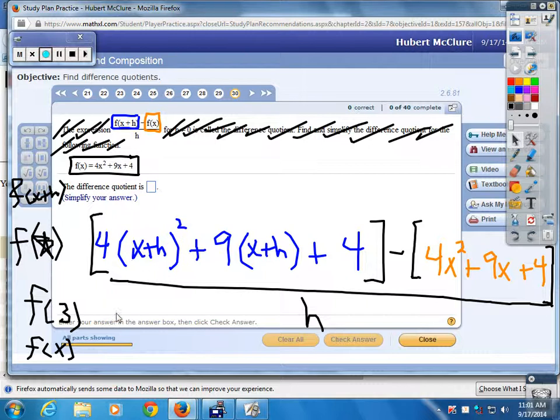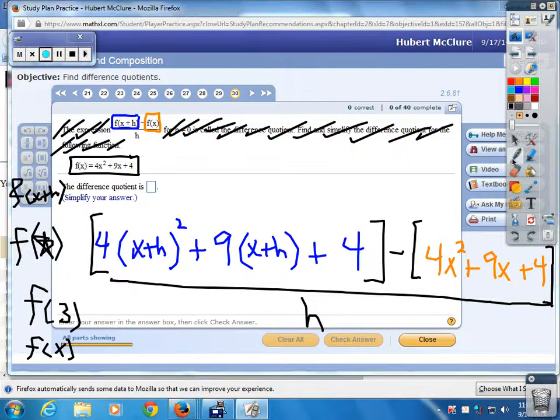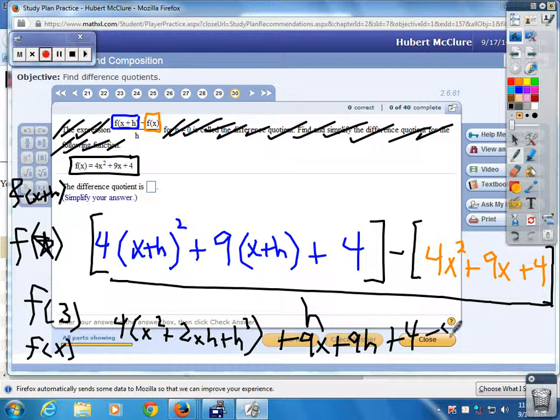So that'd be 4 times x squared plus 2xh plus h squared plus 9x plus 9h plus 4 minus 4x squared minus 9x minus 4.